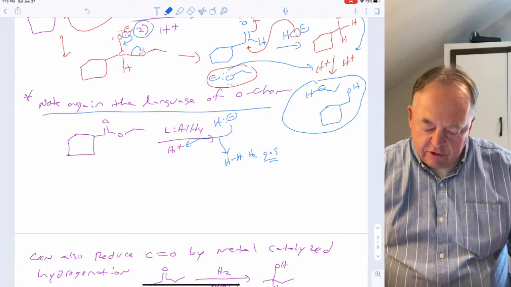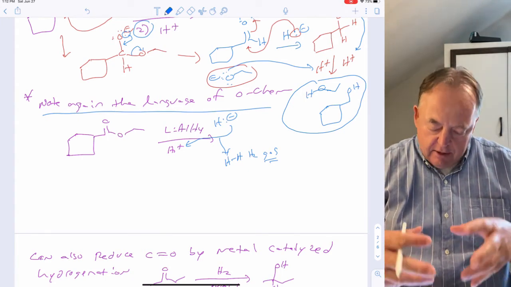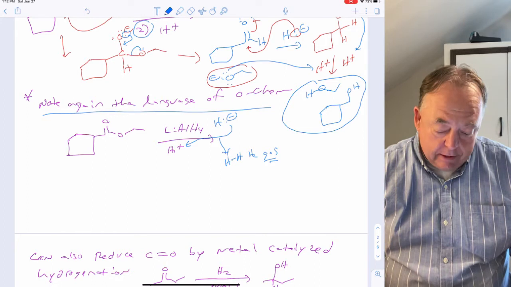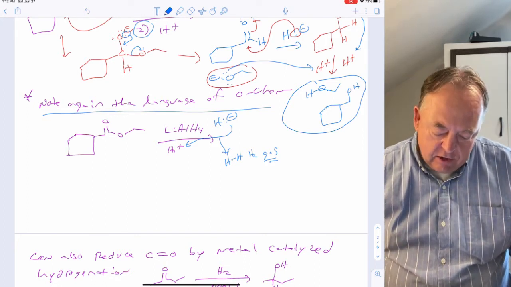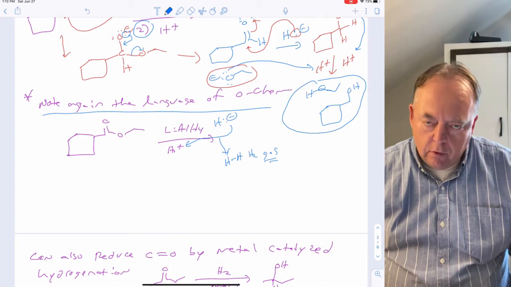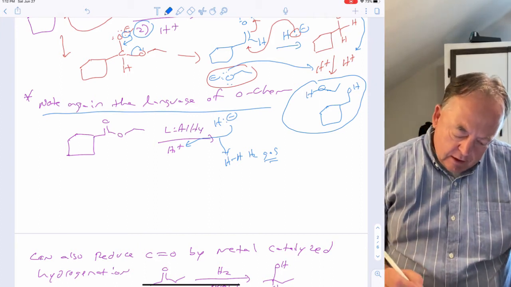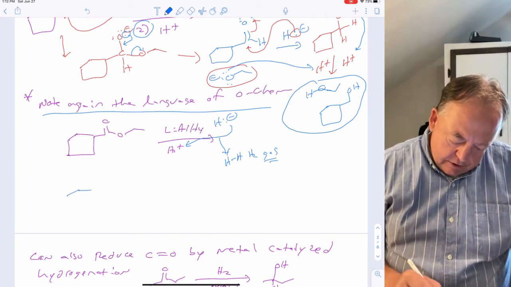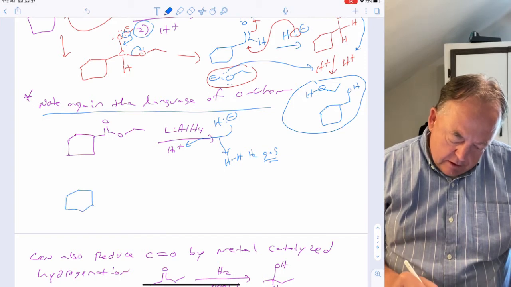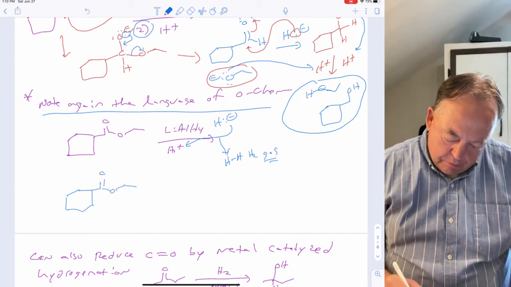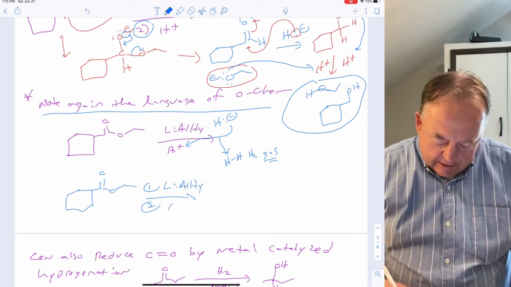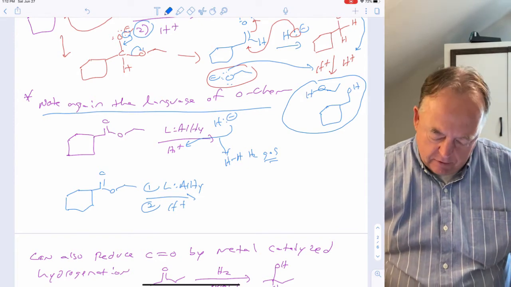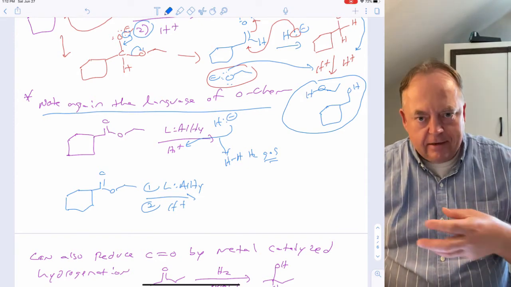So if you threw everything in the flask at the same time together, it would probably explode on you, depending on the quantities involved, because of how exothermic that reaction is and how flammable H2 gas is. So when you do these reactions, you have to make sure that for lithium aluminum hydride, you put LiAlH4 in the first step and H plus in the second step, because that's telling the chemist how to do this reaction.